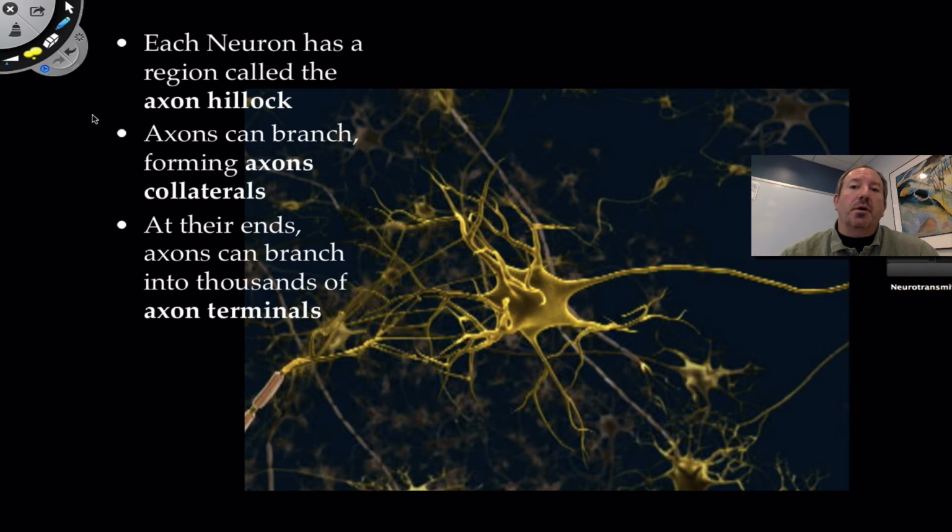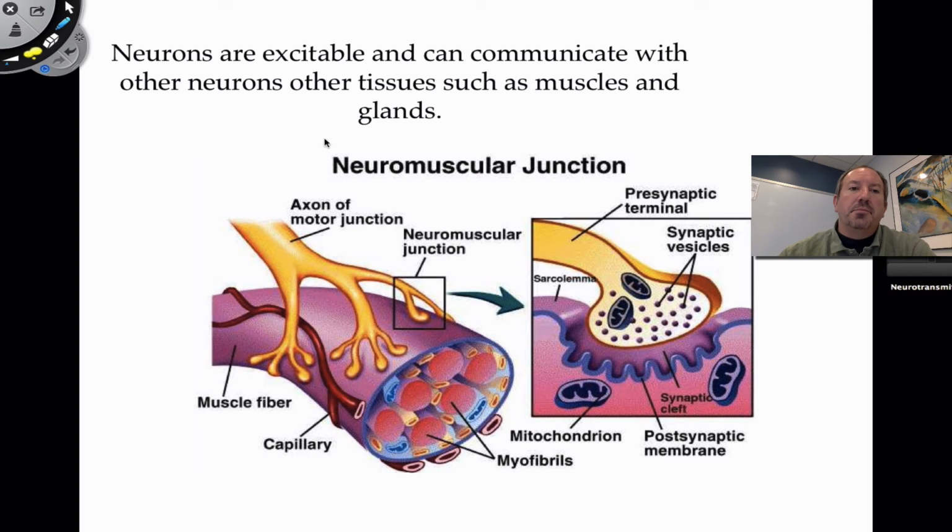They continue to grow out, and more connections are made the more reading you do, the more experiences that you have. It's quite remarkable. And so neurons are excitable, meaning that they can communicate through an action potential. More to talk about this later.